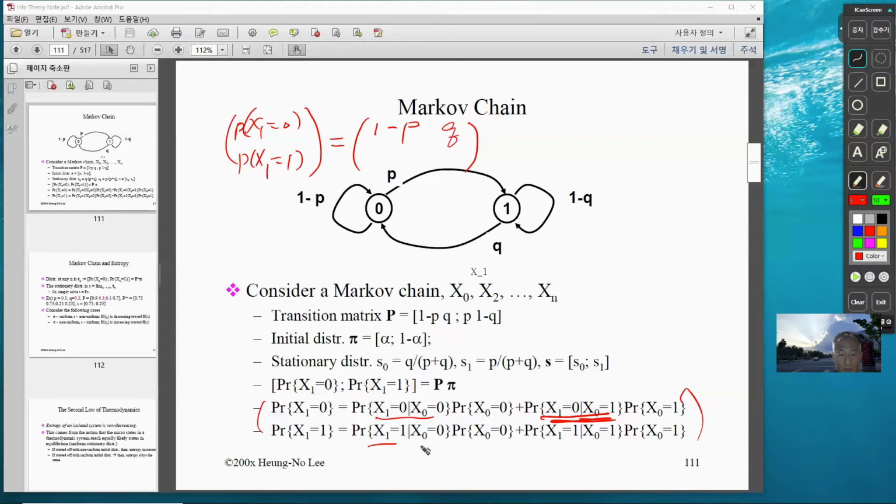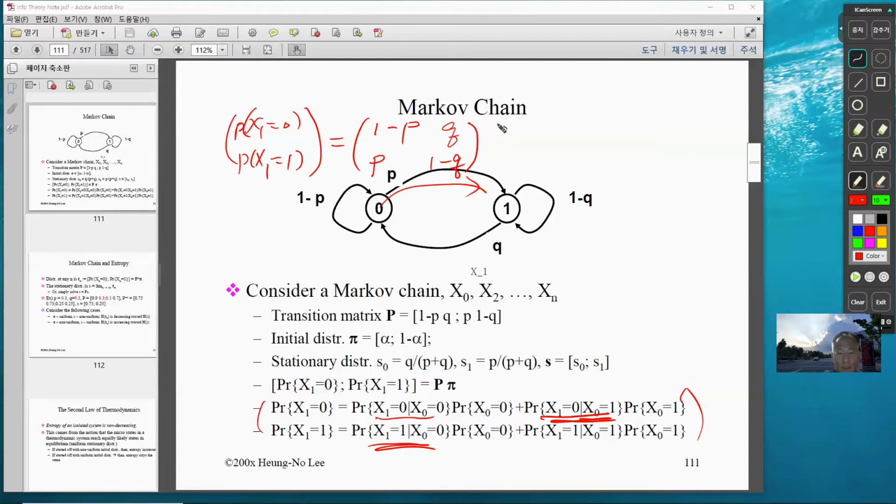And this one right here, when the x1 is equal to 1, it came from 0, right? So 0 to 1, which is p, going this way, and then staying probability 1 minus q.